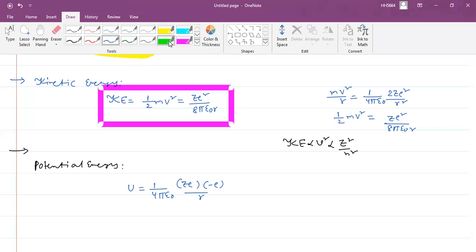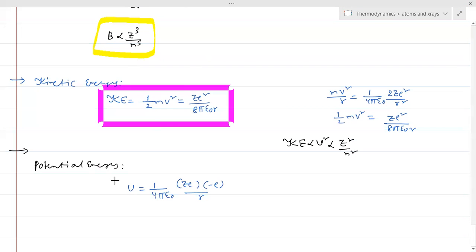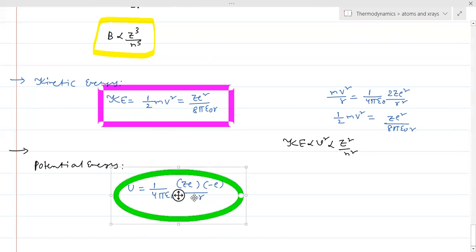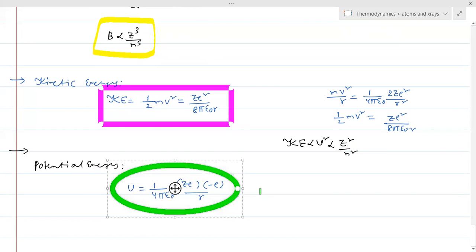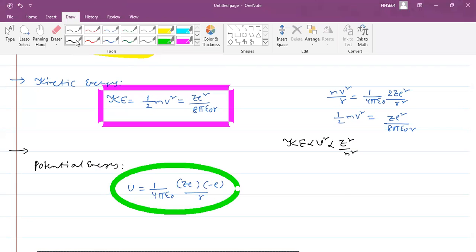In that way, we can easily memorize the formulas. Remembering formulas is very important, so by using this, we can easily remember the formulas.